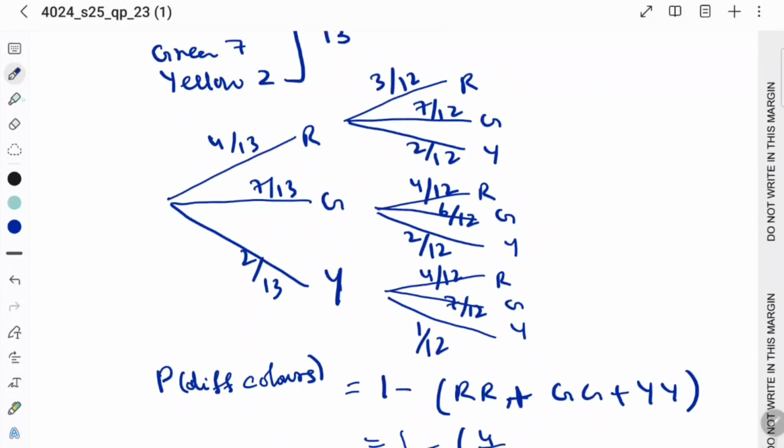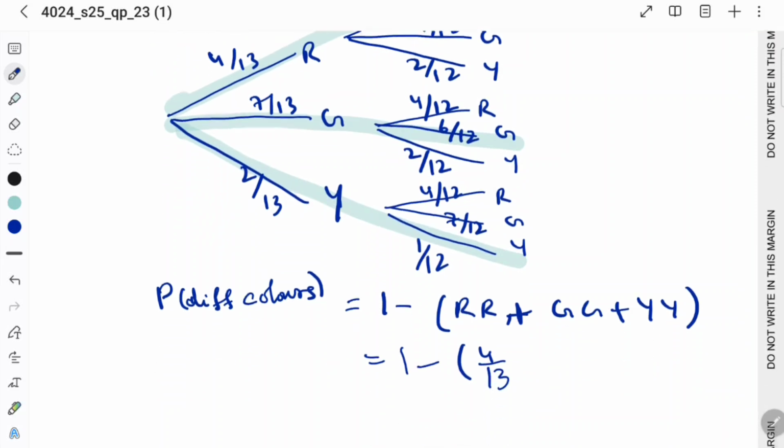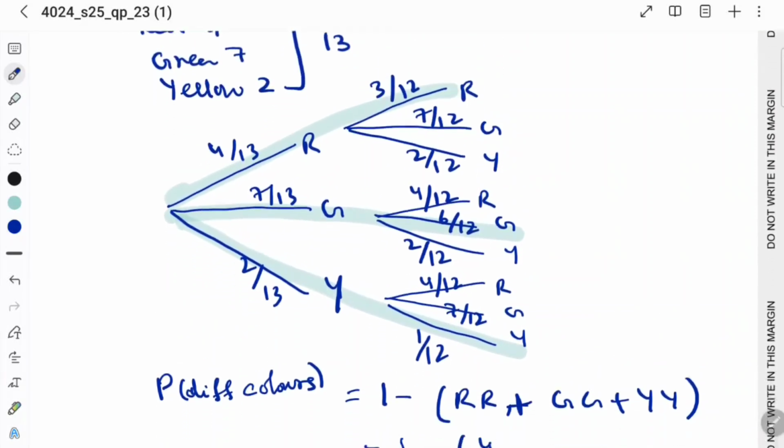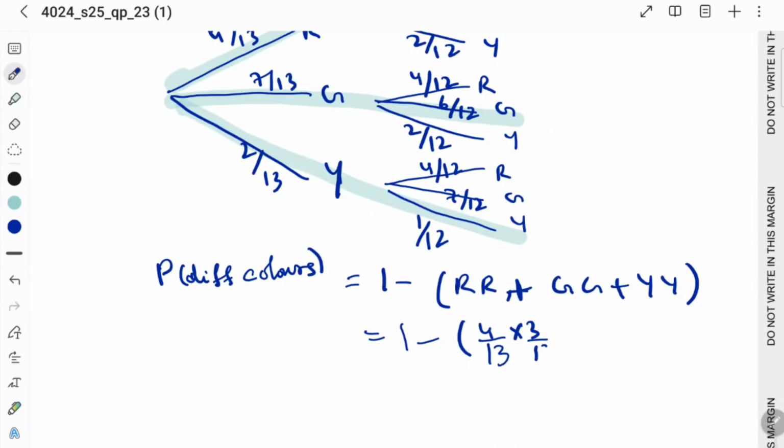multiplied by 3 over 12. This is red, red, this is green, green, this is yellow, yellow. So 4 over 13 and 3 over 12, then plus 7 over 13 and 6 over 12, and then plus 2 over 13 and 1 over 12.